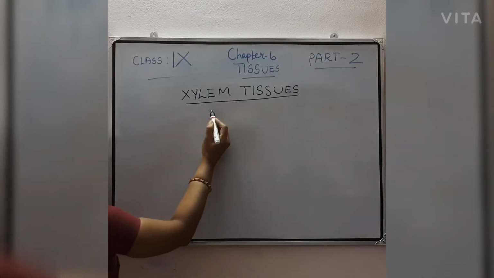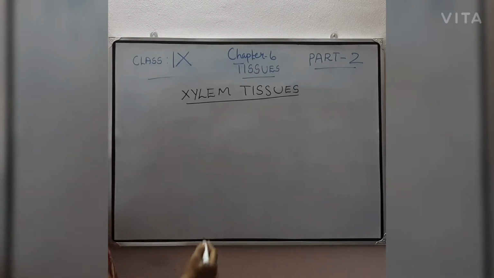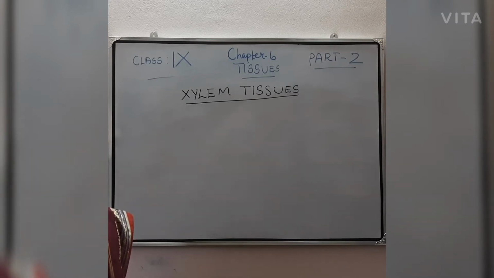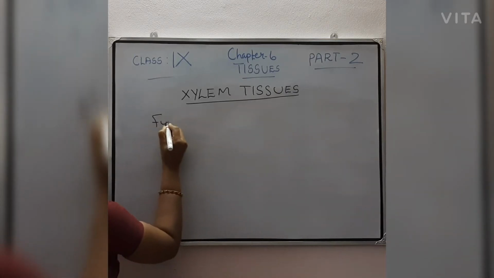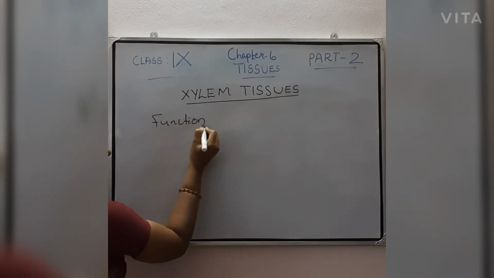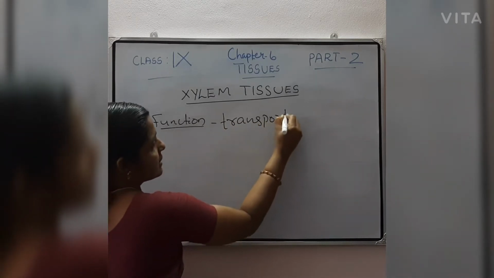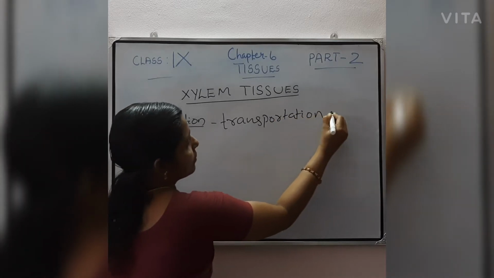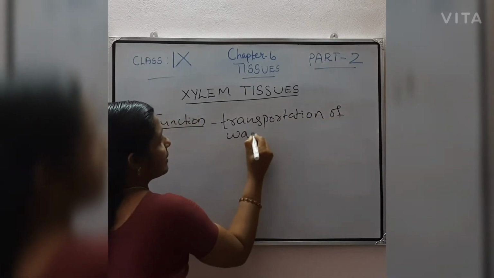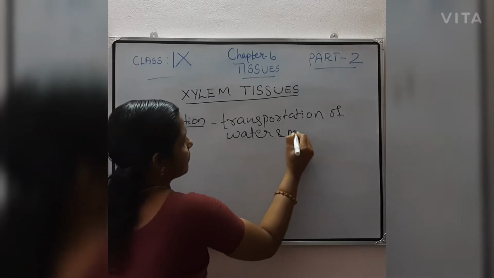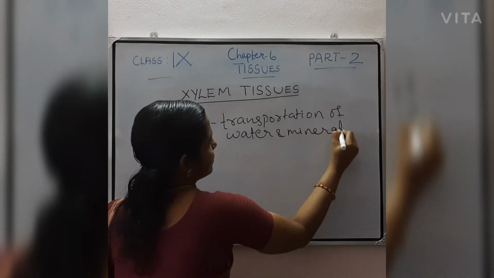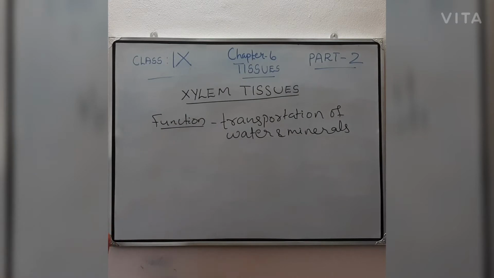Next is about xylem tissues. Xylem tissues are the main complex permanent tissues and part of the vascular bundle also. And what is the main function of the xylem tissue? The function of xylem tissue is the transportation of water and minerals. You know that plants absorb water and minerals from where?